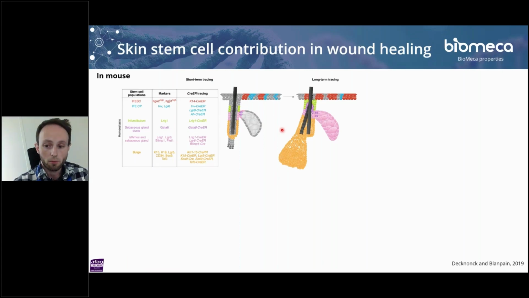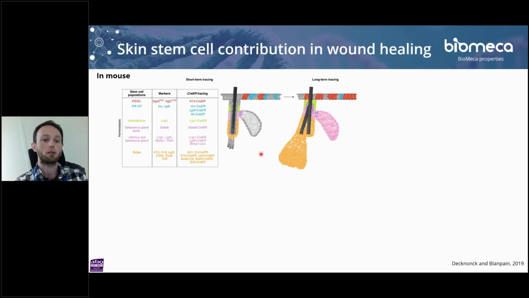Some studies have revealed that in mouse, epidermis homeostasis is mainly performed by both intrafollicular stem cells and intrafollicular committed progenitors.